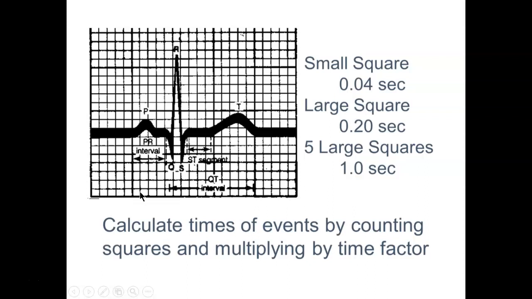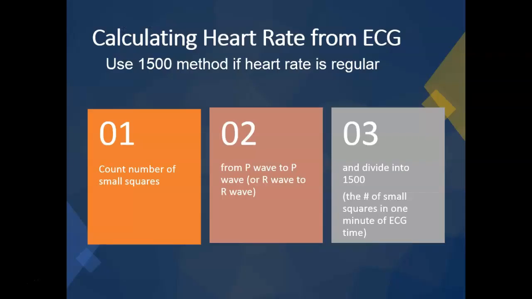So what we're going to do is to find two peaks that are very similar, or the same peaks in a regularly spaced ECG. So we're going to count the number of small squares from two of the same peaks. So let's say we choose P waves, or maybe we choose R waves, but you always want to make sure you have the same thing.